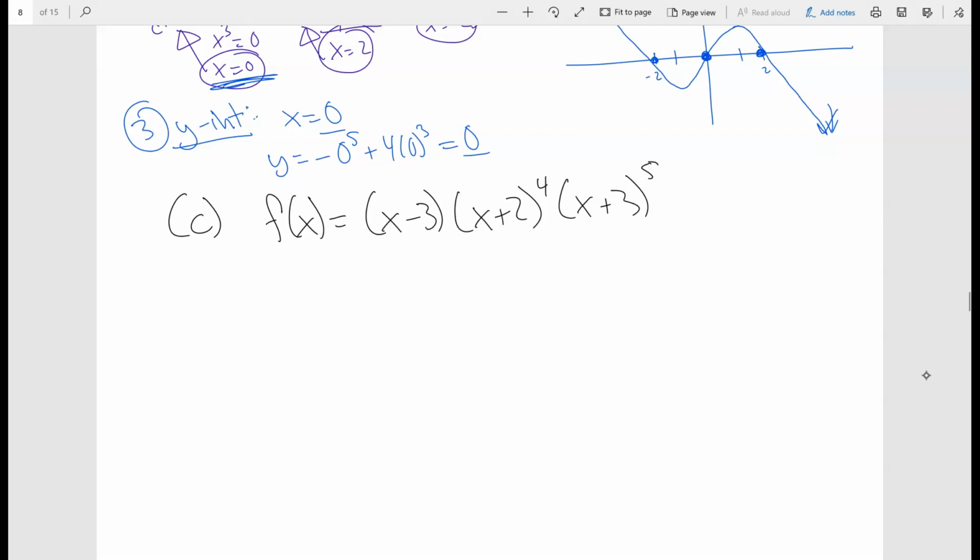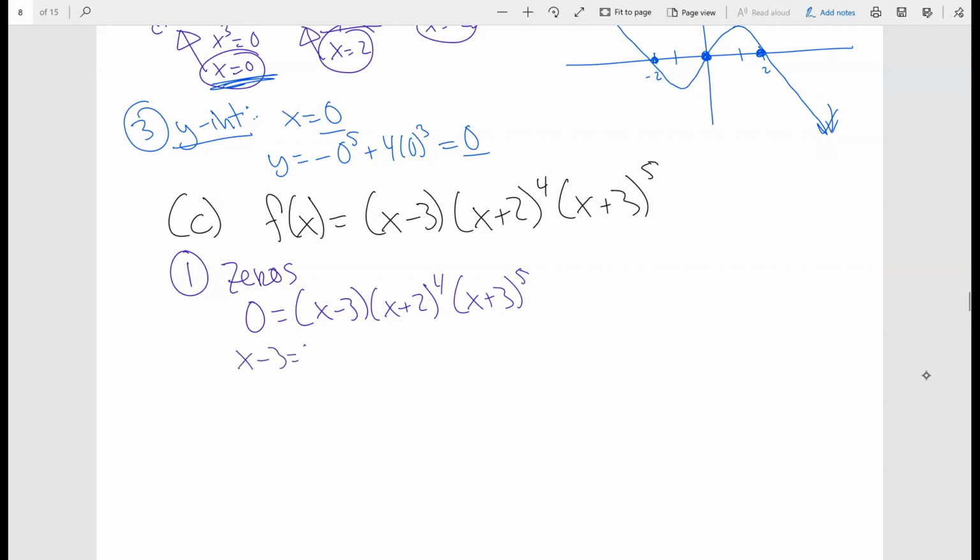The degree is not 5. So that's something to kind of know. Let's first start off with the zeros and the multiplicity. So I'm going to set each of them equal to 0.